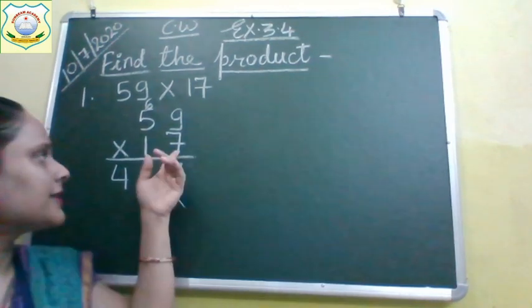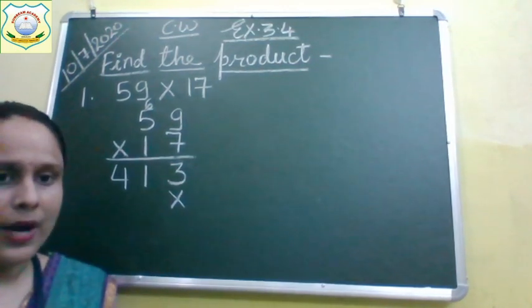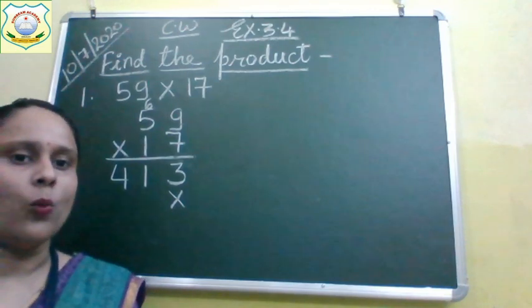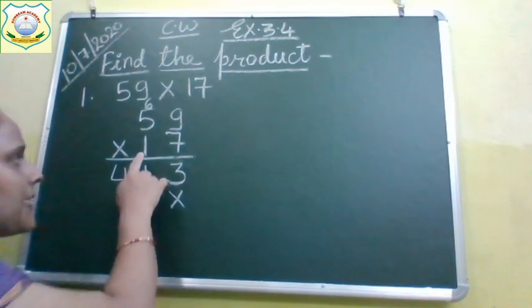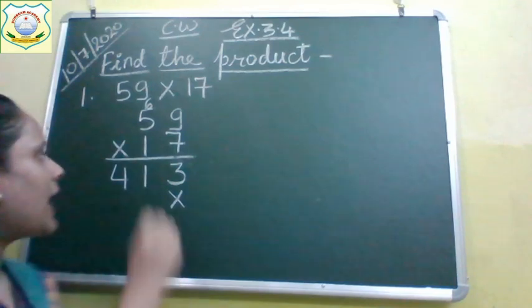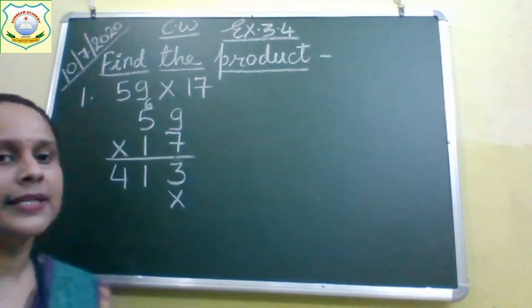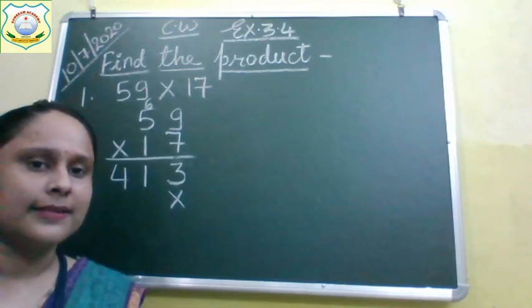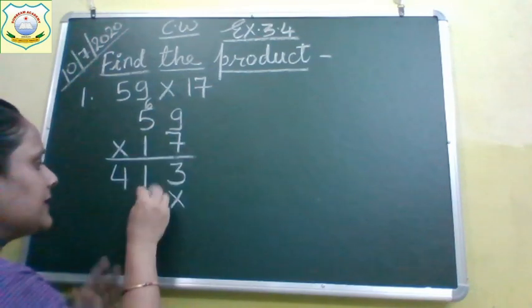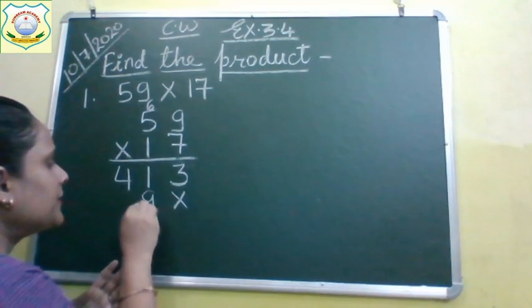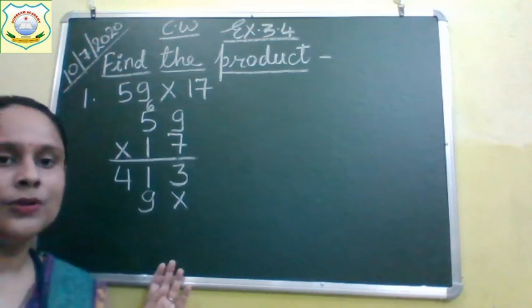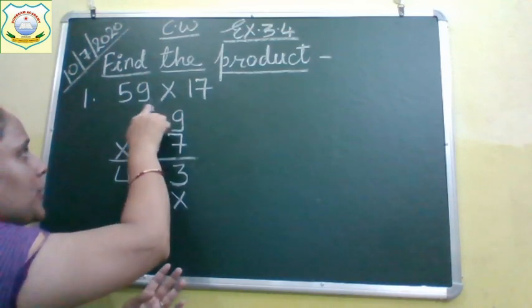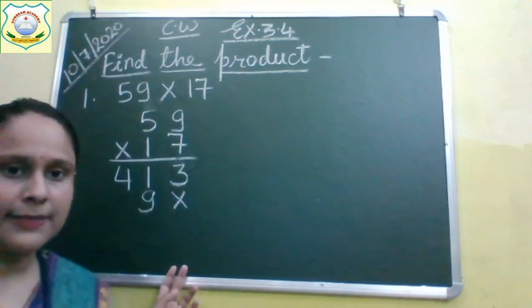Now which is the next number after 7? 1. So now we will pick 1. Now start multiplying 1 with the number written in the ones place. 1 nine is 9. Now 1 will be multiplied by the number written in the tens place.